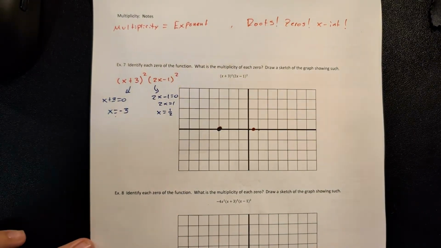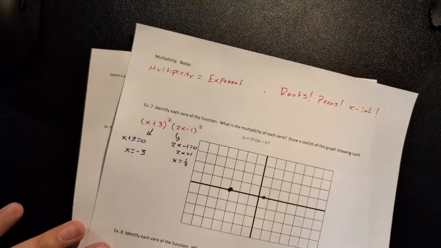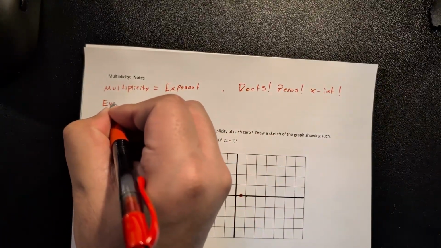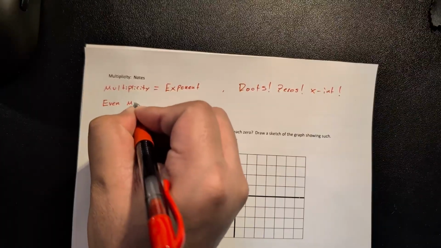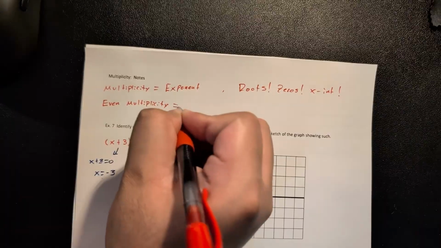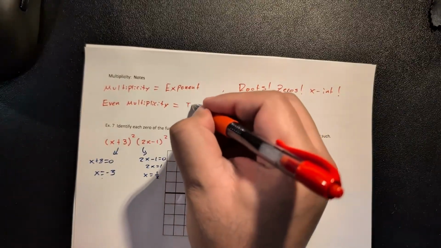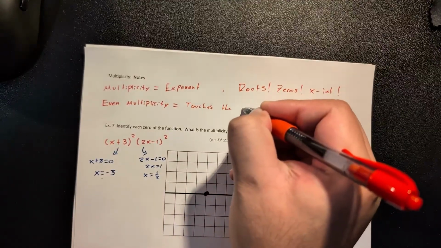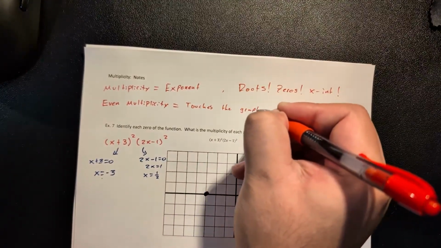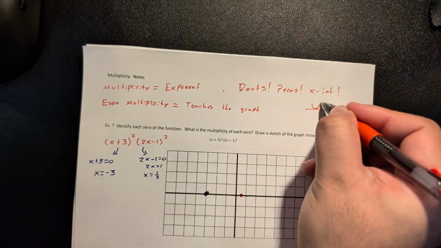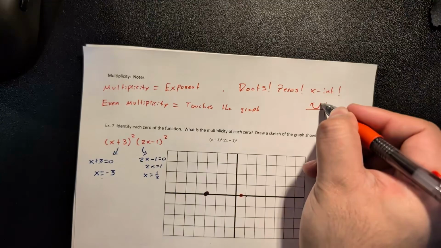So going back to our notes, if I have an even multiplicity, we saw that this touches the x-axis, so it's going to go something like this, and it doesn't cross it.